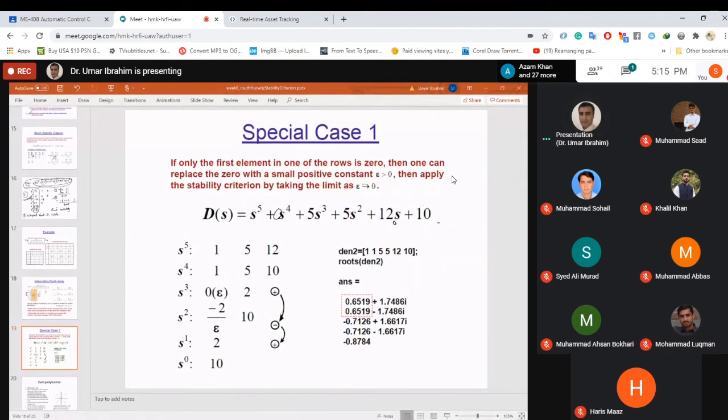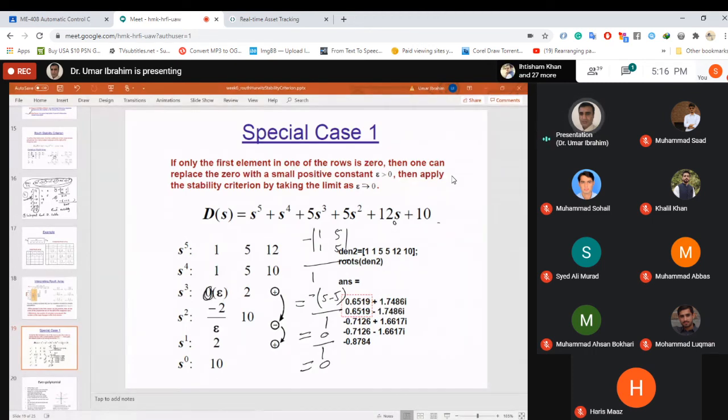Next, we have to perform our calculation. For this term, it is minus (1·5 − 1·5) divided by 1, which comes out to be 0 divided by 1, equal to 0.